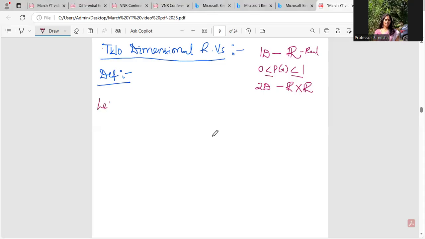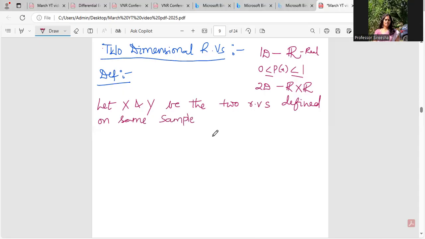Let capital X and capital Y be two random variables defined on the same sample space. If they are defined on different sample spaces, then again we cannot go with comparing things between them. Okay, on the same sample space S.